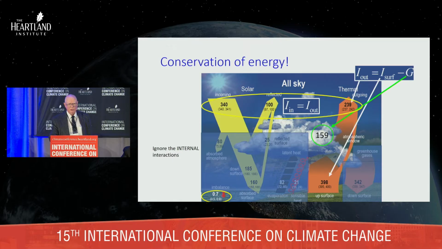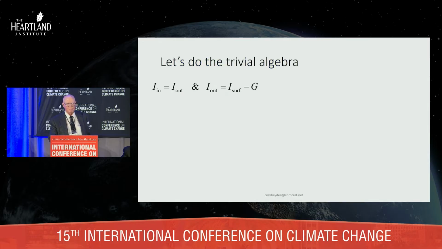So now we have two equations, I in equals I out, and I out equals I surface minus G. And those numbers that you see there are the ones that matter, and we'll proceed from there. Let's do the trivial algebra. Anybody in the 6th grade that can't do this algebra ought to be taken out and shot. I don't mean that. Teachers maybe.